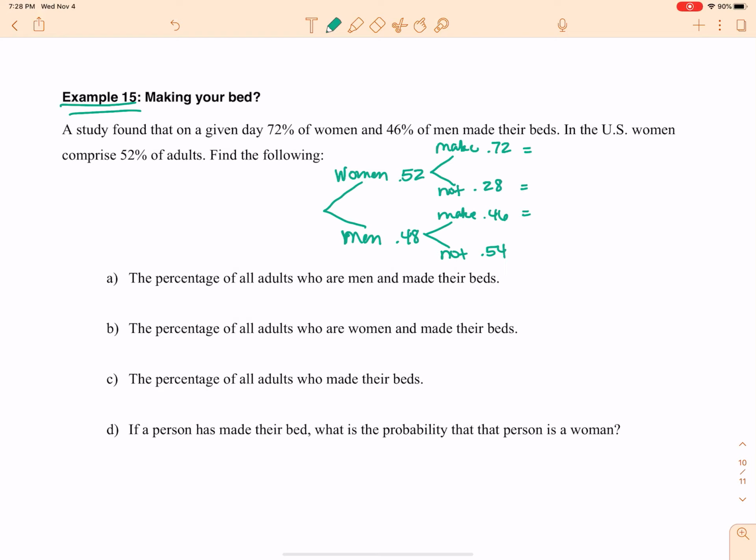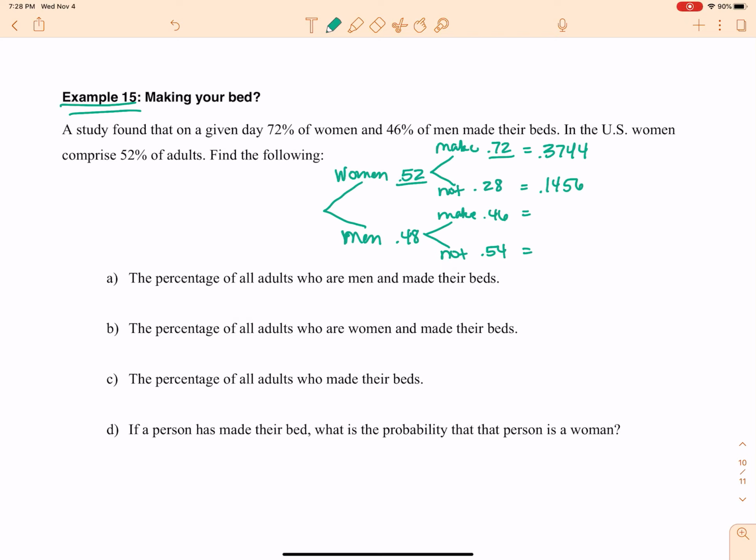Okay, so I'm going to finish out my tree by multiplying out. The probability you're a woman and you make your bed, 0.52 times 0.72, is going to give me 0.3744. And 0.52 times 0.28, the probability you're a woman and you don't make your bed.